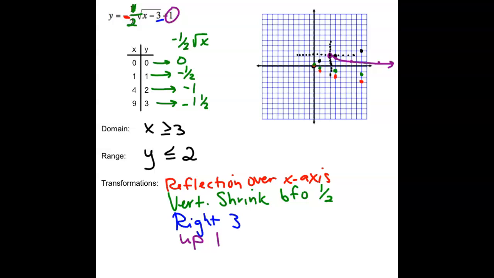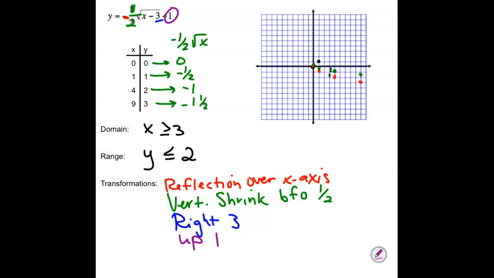I'm sorry, I shifted everything up 2, and I was supposed to shift everything up 1. I just noticed that. All right, let's try that again here. Let's take our green dots and shift them right 3 up 1. There's my new endpoint. Right 3 and up 1.